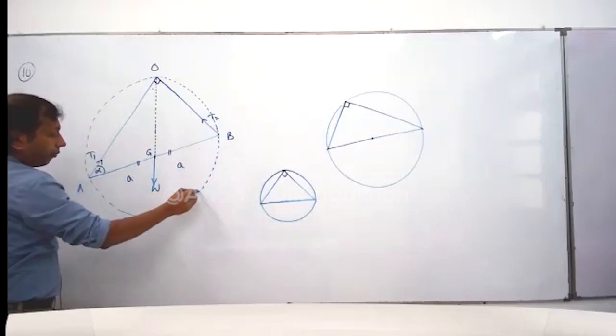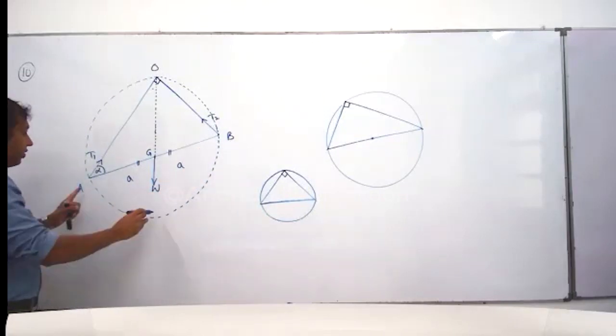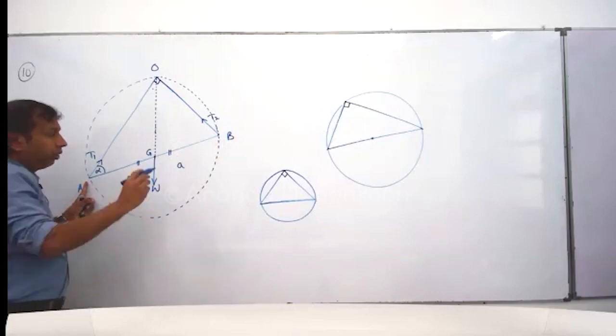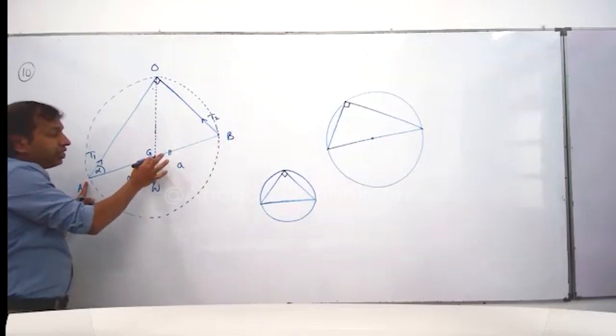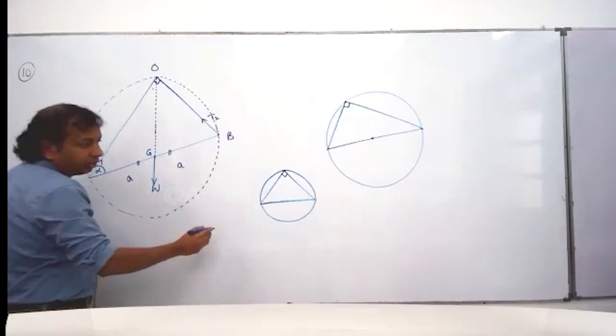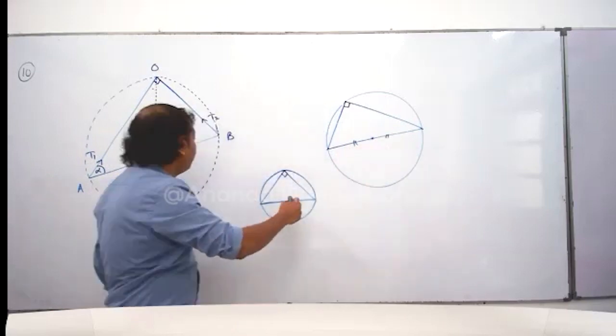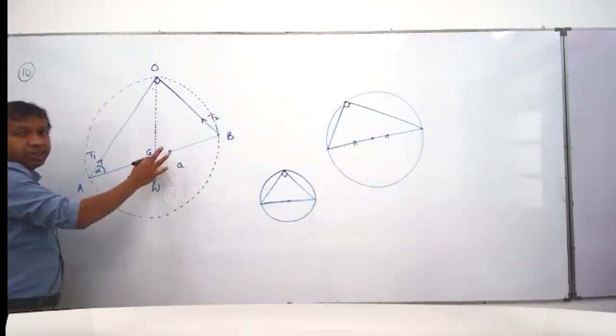Its diameter is AB. The midpoint of the diameter is G, and the midpoint of the diameter means the center of the circle. Therefore, G is the center of that circle.